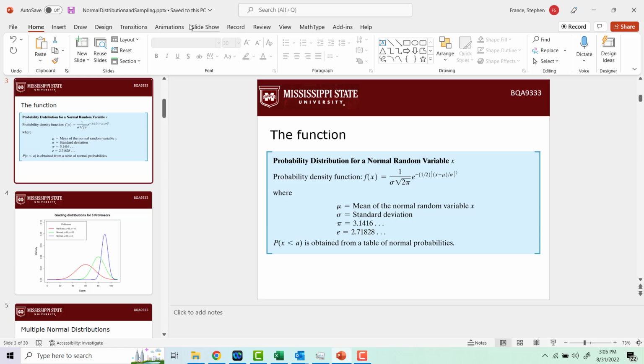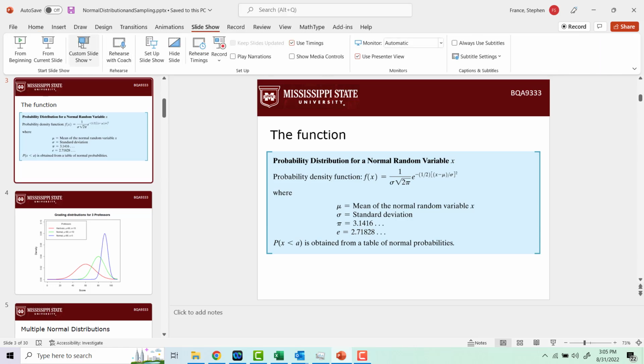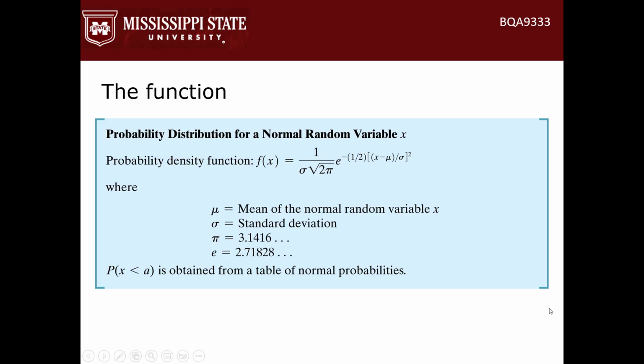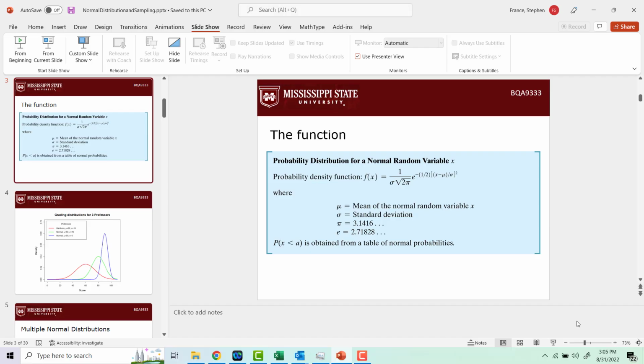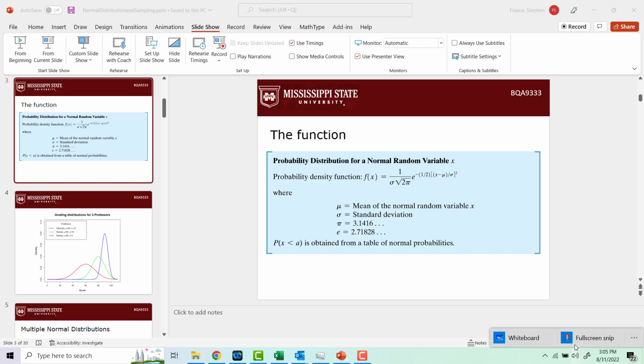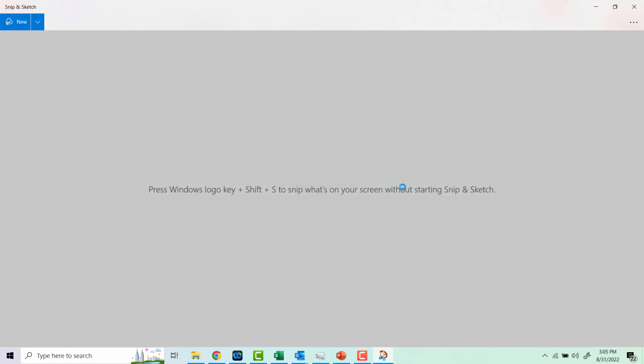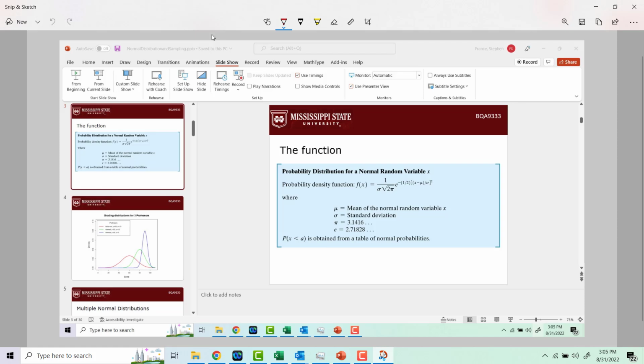So let's move on to the function. And what I want to do is take another snippet. The derivation of this actually comes from polar coordinates of probability functions. We're not going to do anything like that. But let's just draw our normal distribution again.